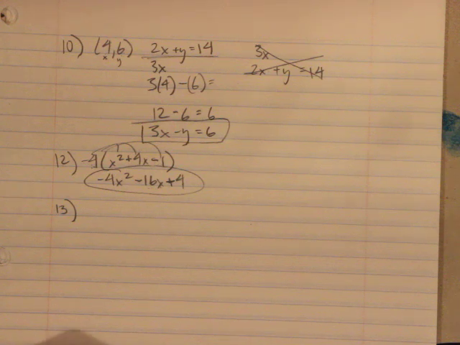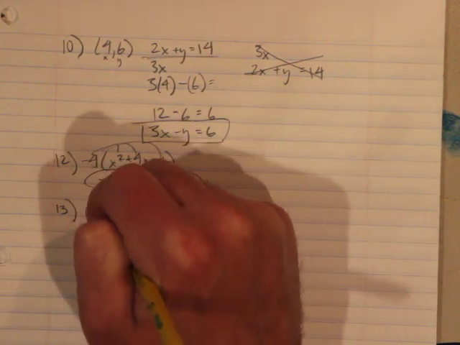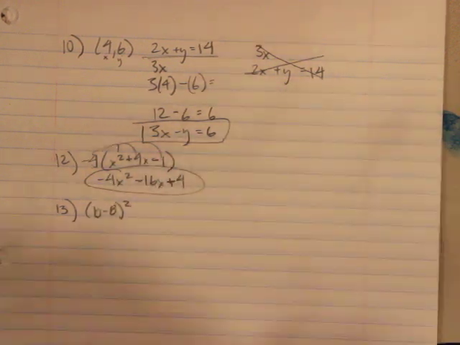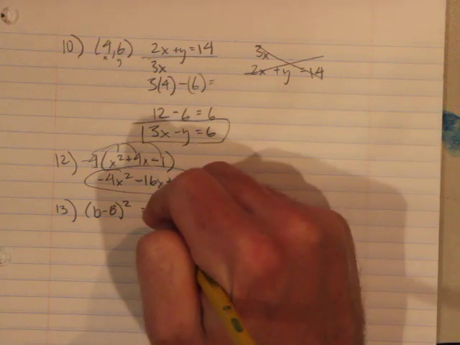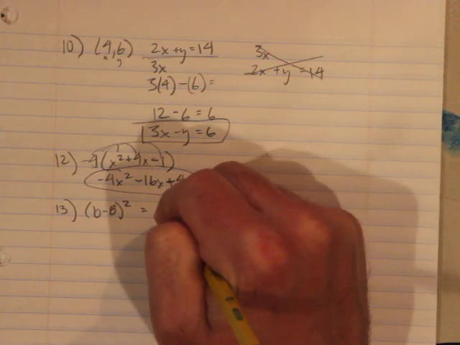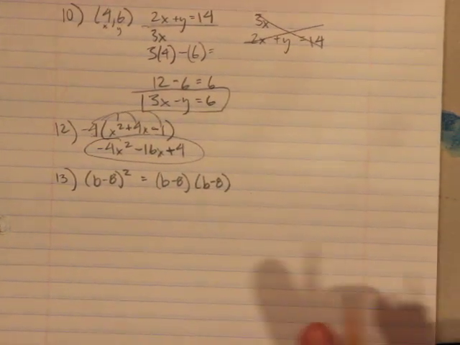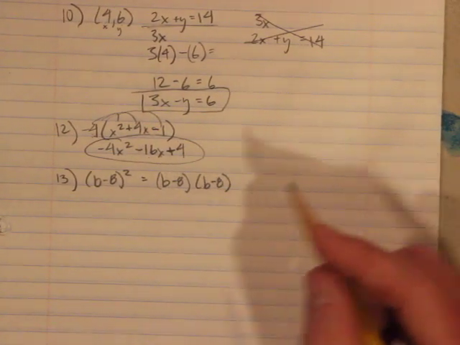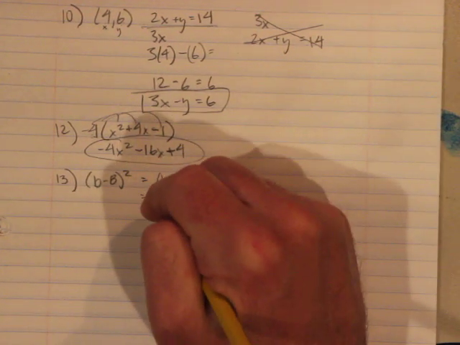And let me make sure I write this one down correctly. b minus 8 squared. I'm going to rewrite this as b minus 8 times b minus 8. And then I'm going to use FOIL here, or something like it. b times b is b squared.